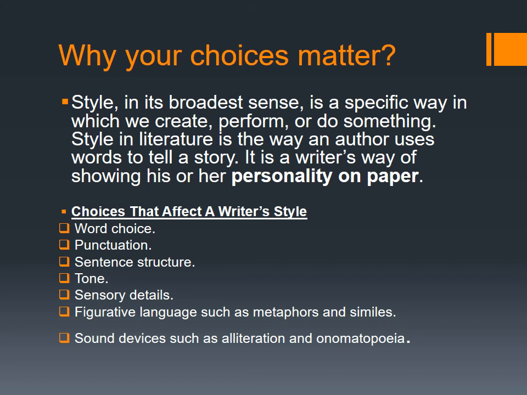Okay, and usage of punctuation, the sentence structures, and the tone of writing, everything is based on the choice of the writer. So this is why your choices matter. Today we learned how we use vocabulary in an effective manner and why we do that and why our choices matter at the end when we write our own piece of writing.